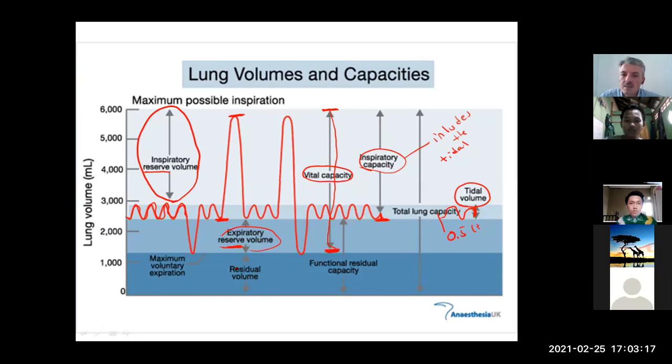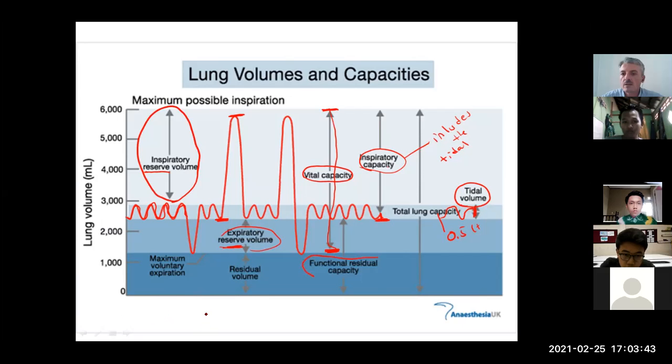There'll be questions like, for example, they can just ask, what is the name of the lung volume when a person is just normally breathing in and out? Answer is tidal volume. What is the name of the volume which always stays inside the lungs?